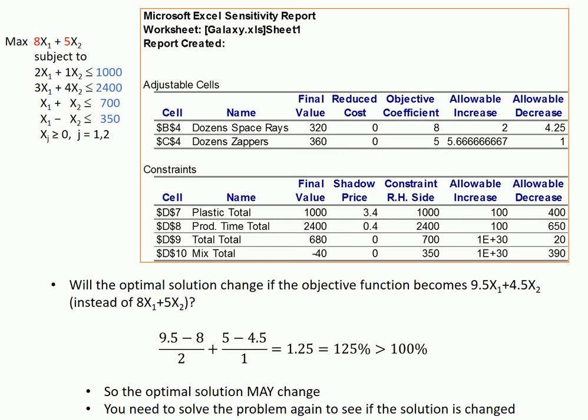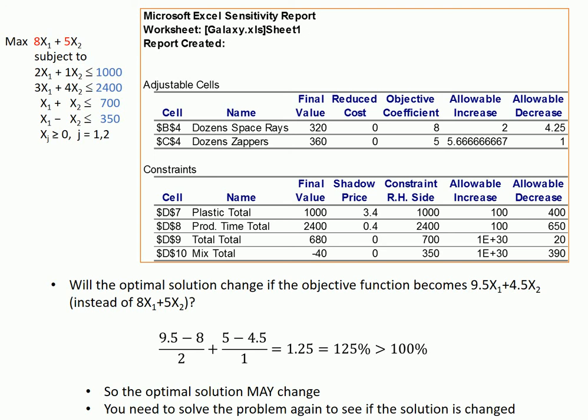For the first term, the coefficient goes up from 8 to 9.5, so the change is 9.5 minus 8, divided by, well, it goes up, so again, we need to refer to allowable increase over here, divided by 2. That's for the first term.